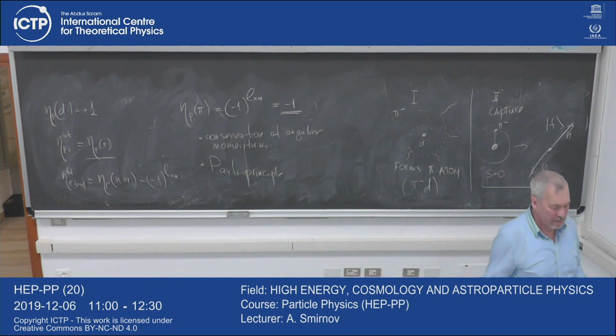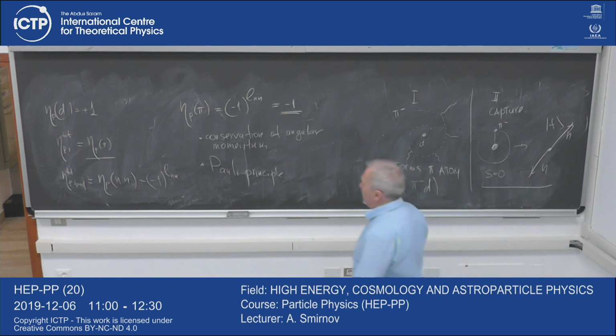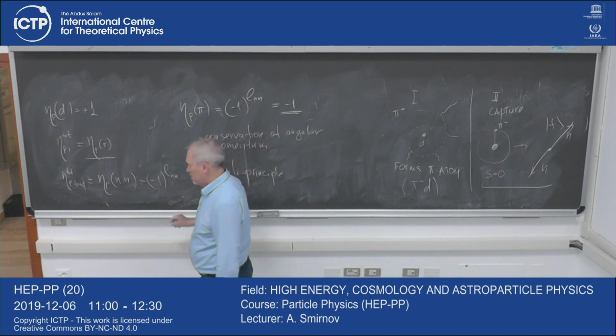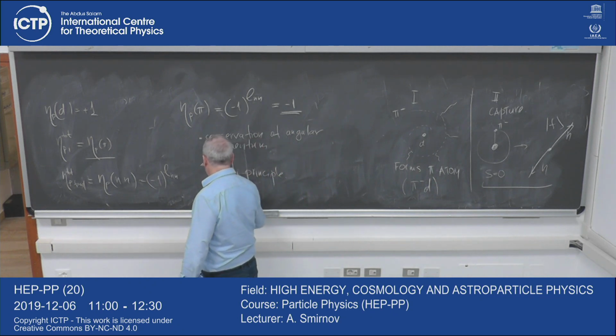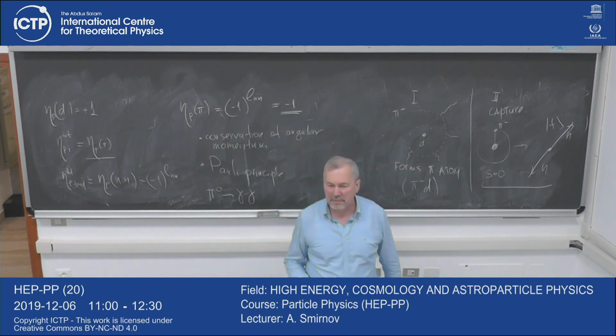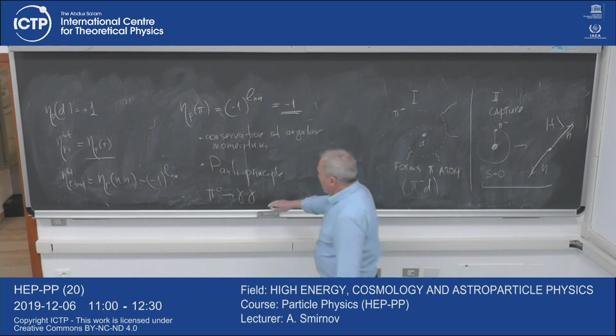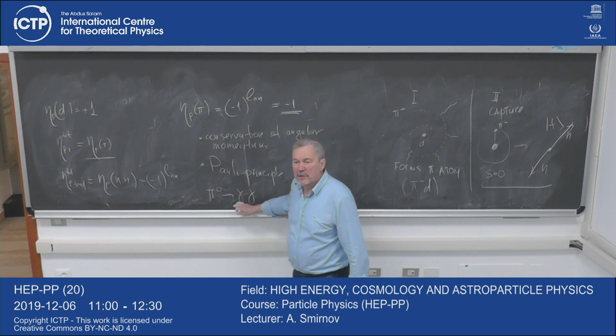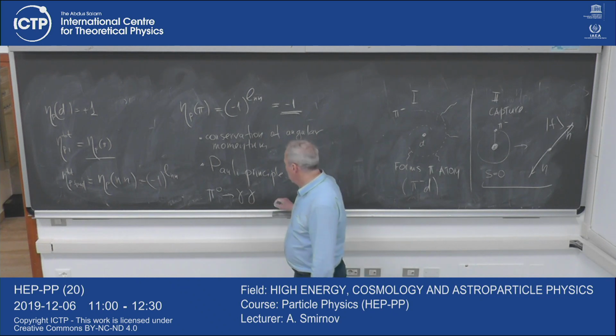And then using other processes and knowing the parity of pi, you can establish what is the parity of other particles. By the way, it may be even a little bit easier to establish parity of pi 0. Pi 0 decays into 2 gammas, right? So this has parity -1, this has parity -1, therefore internal parity is plus. So you need to see what is the orbital motion, or orbital external, right, of 2 gammas.